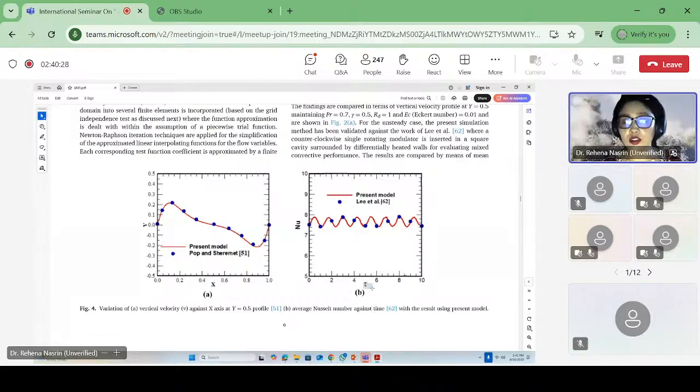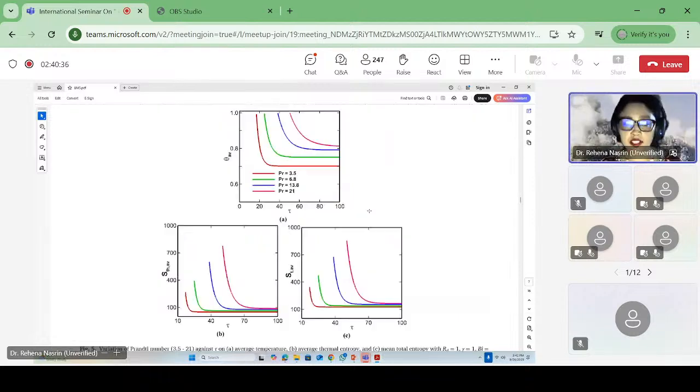Here tau is the non-dimensional time. We have to consider time dependency also. And here you see the average temperature inside the domain. For Prandtl number variation, for the red color, you see that after time 30, it is steady. But when the Prandtl number is 6.8, then it is steady maybe after 50.